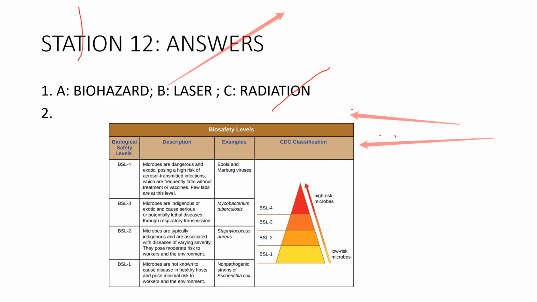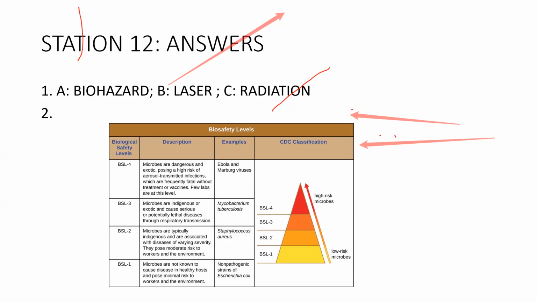So these aspects of laser surgery should be known to you. Airway fire is a very important question. How will you approach when there is an airway fire in laser surgery? And the second question was, what are the CDC approved levels of biosafety?